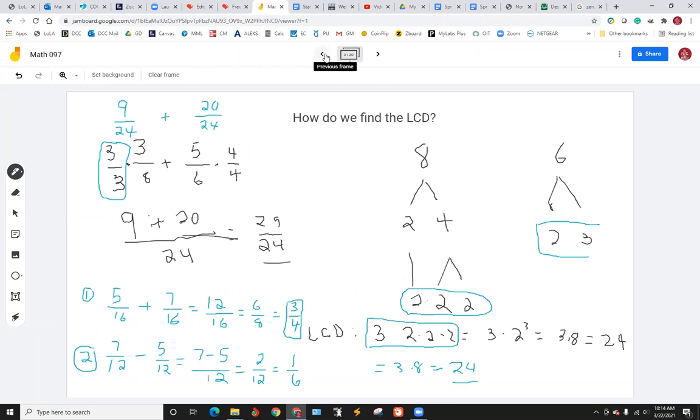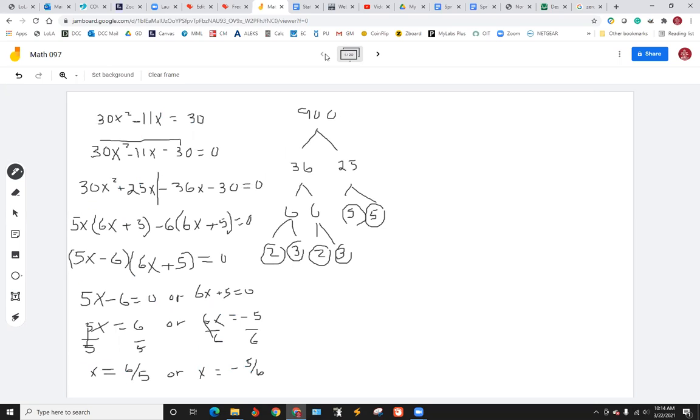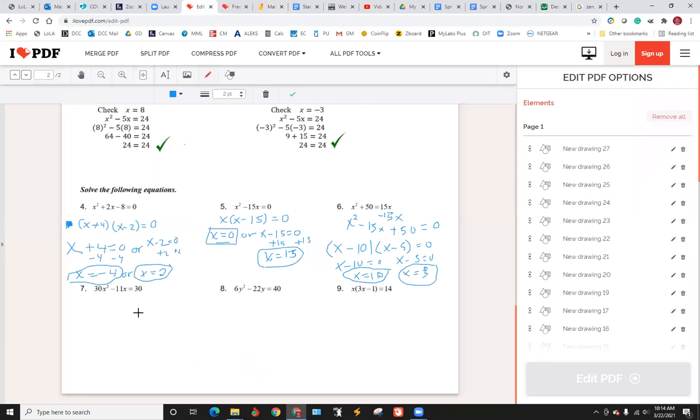You got to have that middle number. All right, let's go back here. So this was, all right. So go ahead on to this one, and I'll just give you a little hint. I'll tell you what.